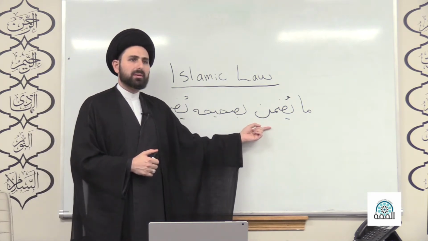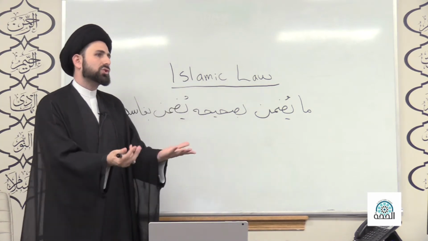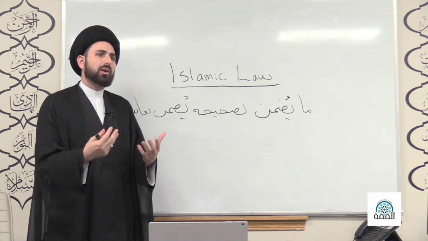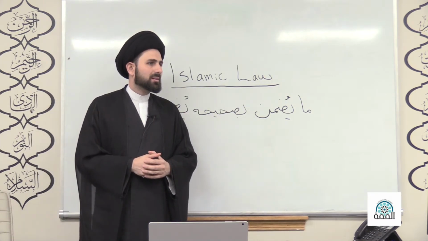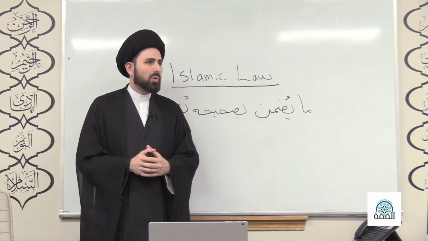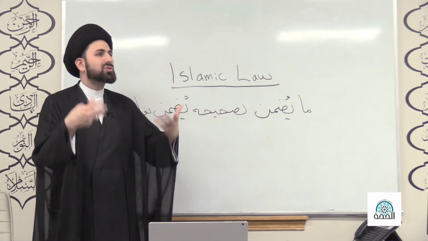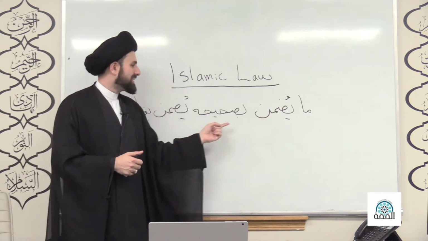Ma yudhman. Yudhman comes from the word daman. What does yudhman mean? Something that's guaranteed, something that you're liable for. Daman in Arabic means guarantee, or we can also use the word daman to refer to liability. Ma yudhman bisahihihi.